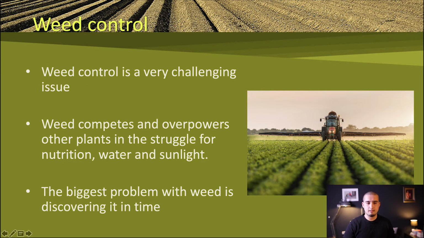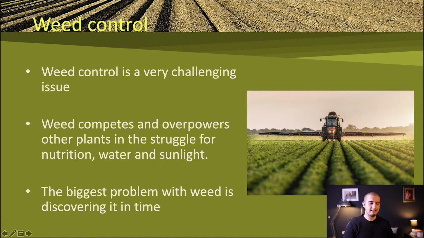The second method is mechanical tilling, which can remove weeds around croplands at various points in the growing process. This method is mostly used in larger land areas. It's not as precise as manual removal, but it is a lot faster.